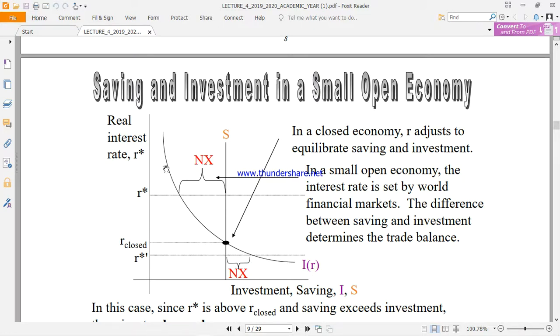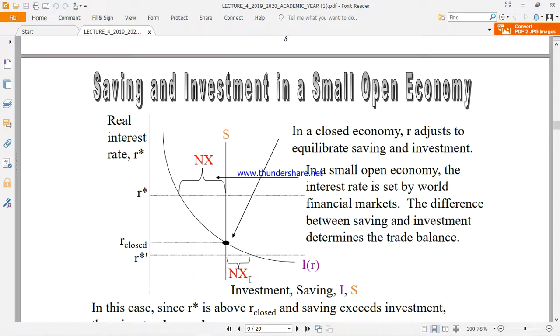There's a negative relationship between investment and this rate of interest, which is the world real rate of interest, or the global real rate of interest. And then here we have savings and investment, because we understand that at equilibrium the level of savings must equal investment.